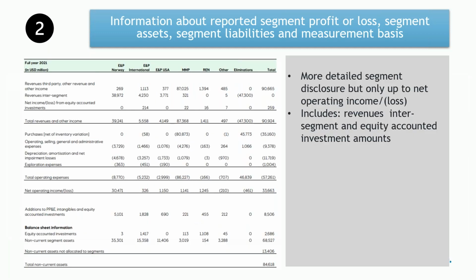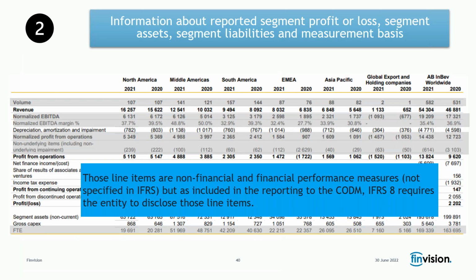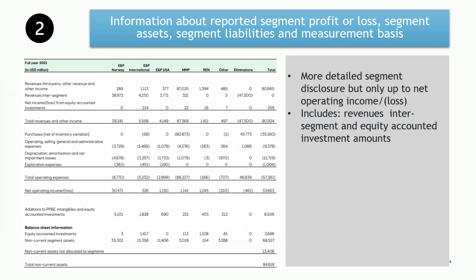And this is an example of a more detailed segment disclosure. What you see, in the previous one, you mentioned revenue, depreciation, and then EBITDA and profit from operations, but not the lines in between, although they are also presented in the statement of income, but it's not part of the reporting to management. In this case, you see much more detail, which is more aligned with the P&L.